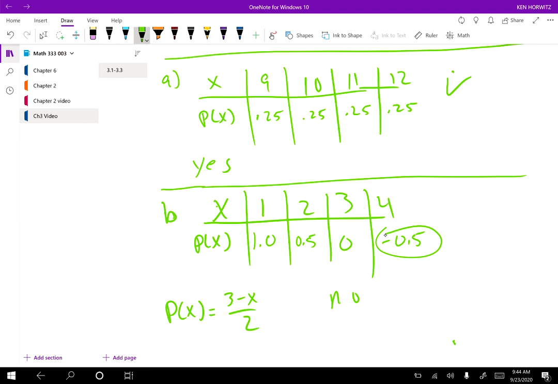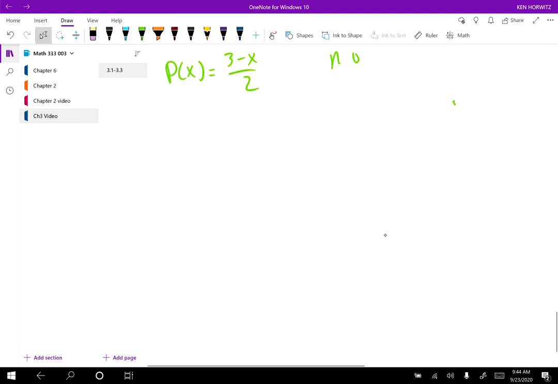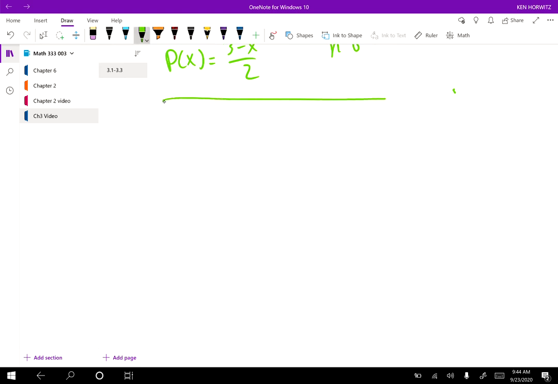All right, for choice C, let's give it a little space. That would be P of x equals x squared plus x plus 1 over 25 for x equaling 0, 1, 2, and 3.